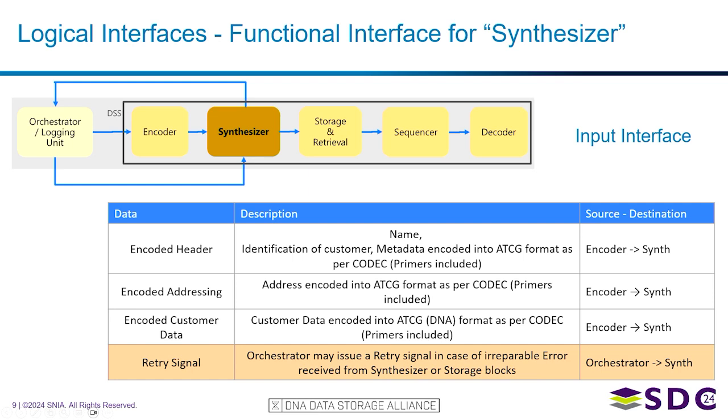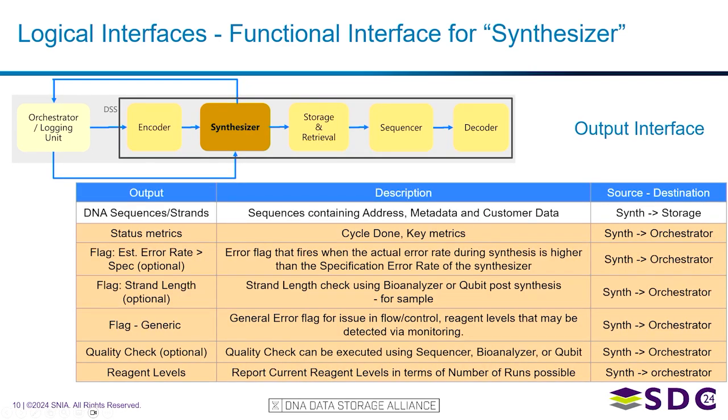Now consider the synthesizer received these inputs. It does not get a retry signal, but it's getting a new transaction packet. These are the kind of outputs that the synthesizer might need to give out. The first one, of course, the most obvious: the synthesizer is the one that converts the digital to the DNA strands. So the DNA strands that then transition to the storage step, that is the first output. But along with that, there might be a number of feedback and error signals that it needs to provide.